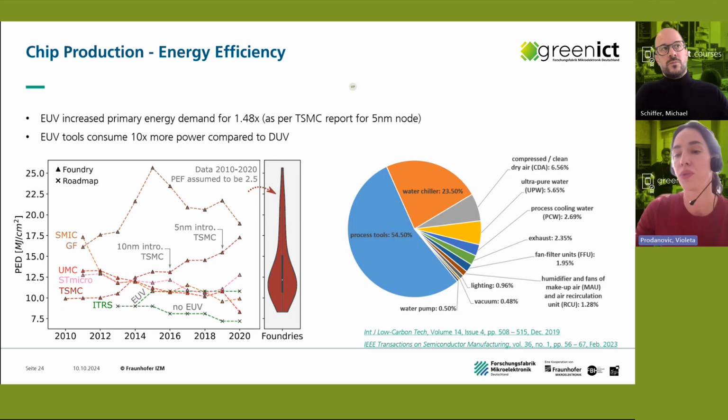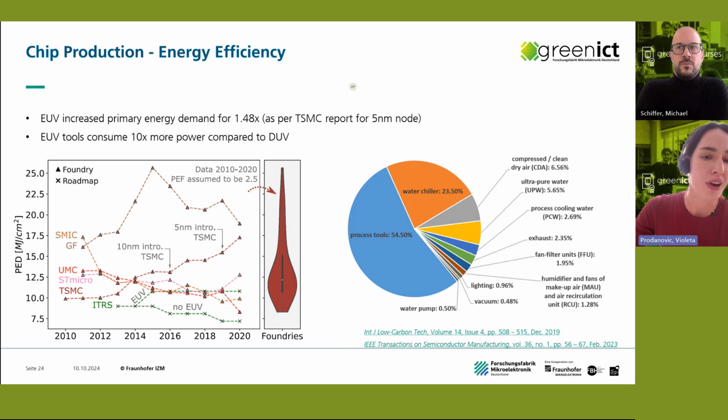The companies, of course, do not go into details about what kind of mixture of technology nodes they have, but from CSR and financial reports, we can extract the data over the years, in this case from 2010 till 2020. There are two trends that can be noticed. The first is related to TSMC, where the primary energy demand is constantly increasing.